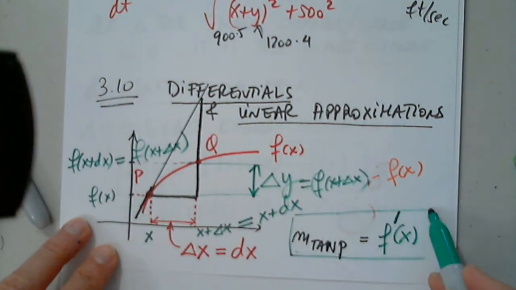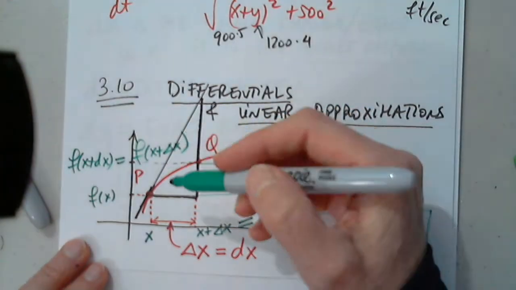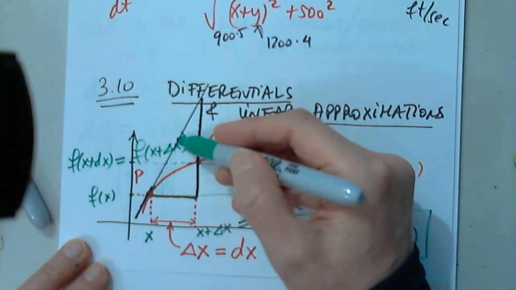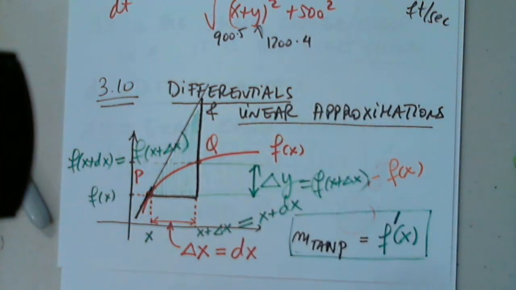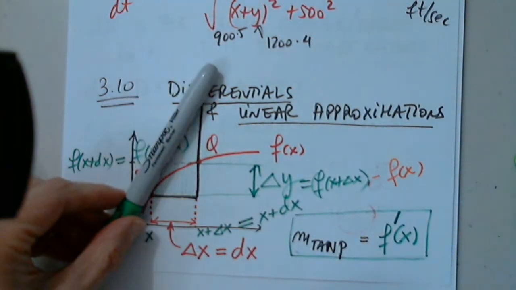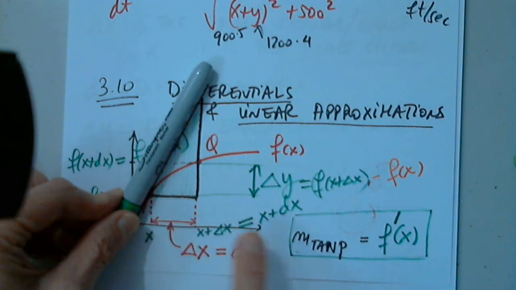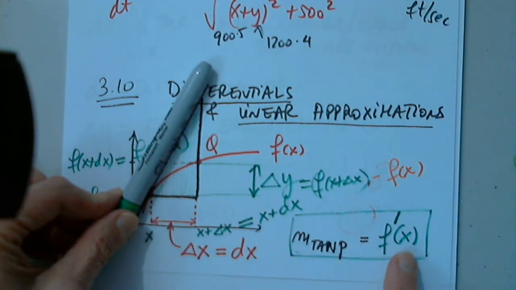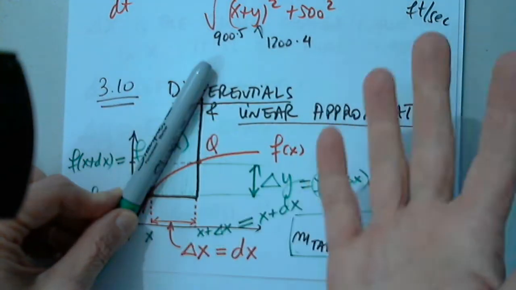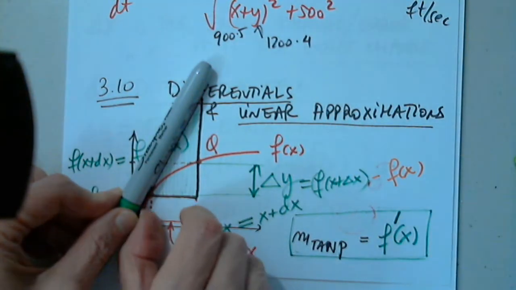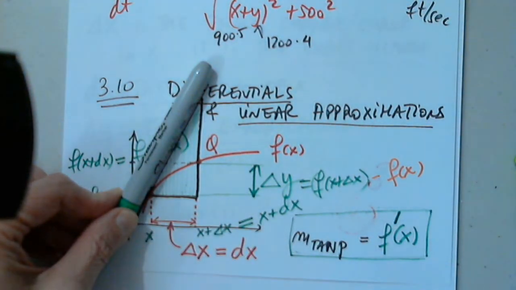Excellent. Okay, now let's take a look for a moment at this triangle. So the slope of this line is f prime of x. I know that the rise is something, but I know that the run is how much?